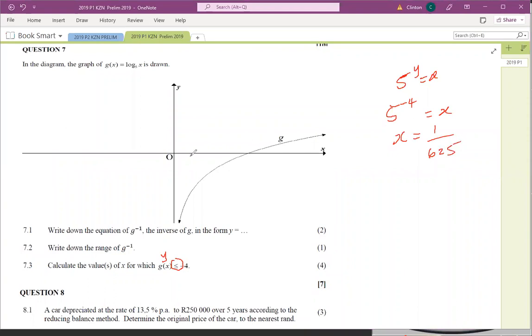Remember this point here was 1, with coordinate 0. Now when y is -4, I'm just going to approximate it. Let's say -4 is here, and my x value there is 1 over 625.